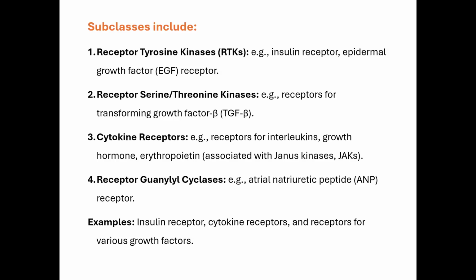The BNPs and ANPs, we have certain drugs which we shall see, like a drug called sacubitril, which we normally combine with valsartan, which is an ARB. It's a new formulation. It binds specifically to these receptors called the guanylate cyclase receptor types, and other examples.